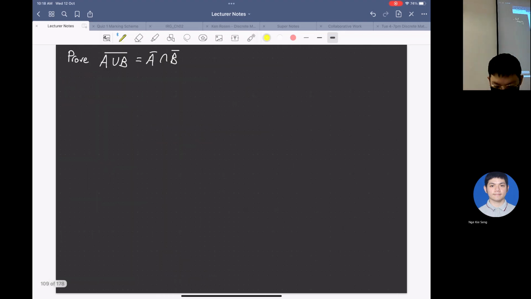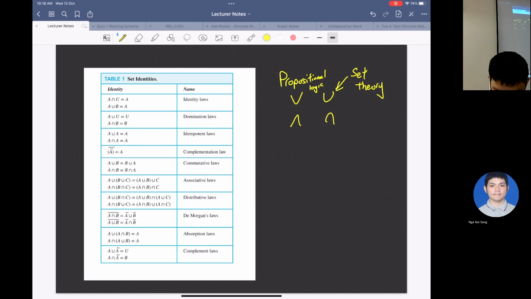Okay, next we will try to prove one of these identities. As a tradition, we want to prove De Morgan's law. At home, in your free time, you can prove these identities.